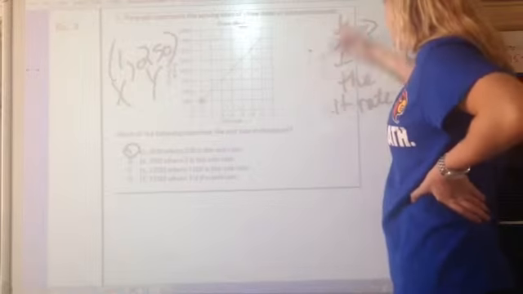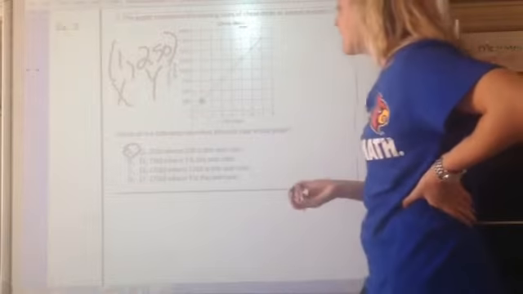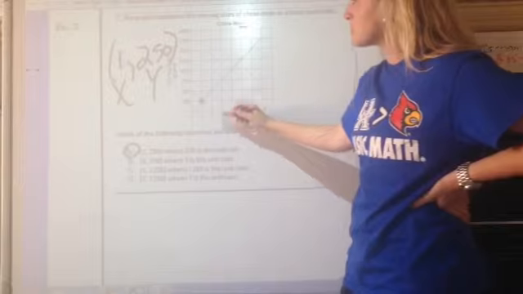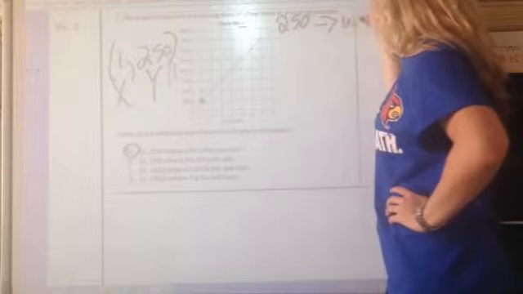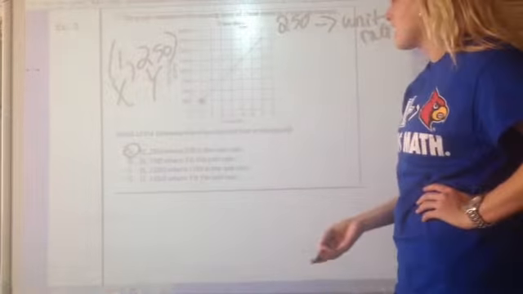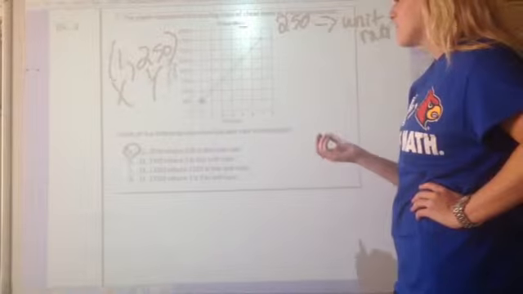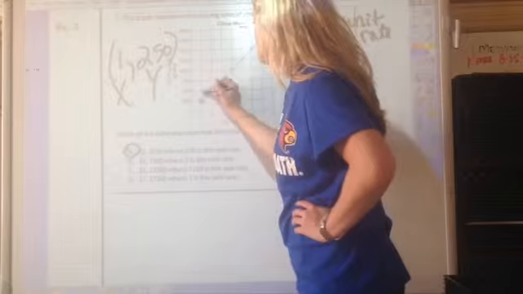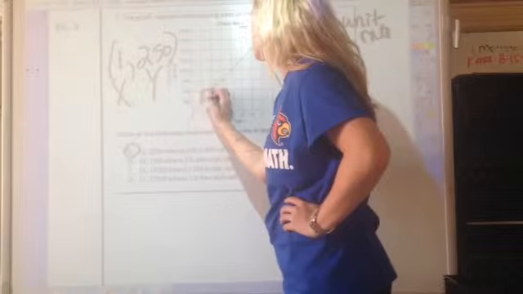Now, if 250 is my unit rate, again, I want to figure out, is this graph proportional? Is servings proportional to serving size? So, if 250 is my unit rate, I can go ahead and find the slope of the line between these two clear points.